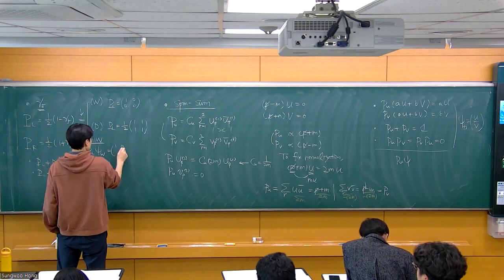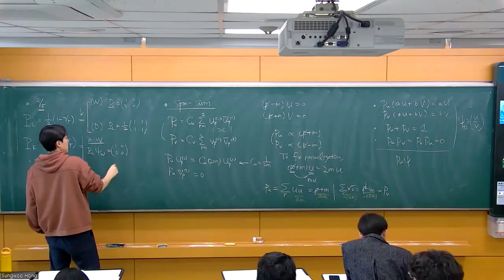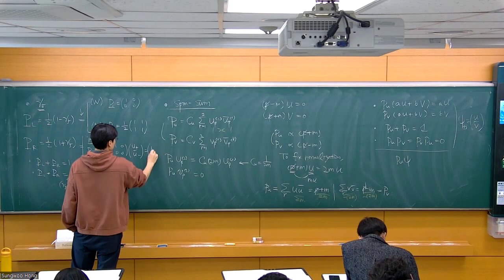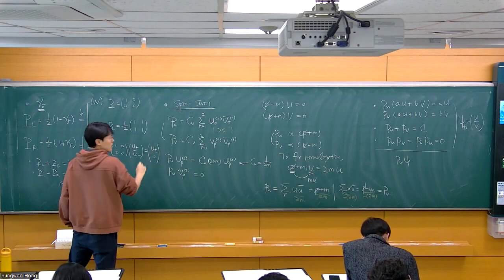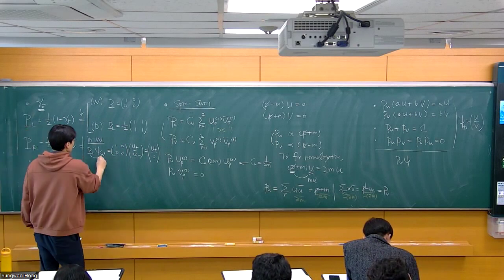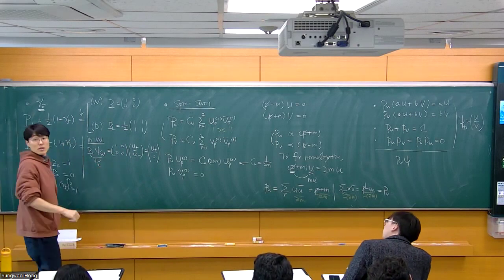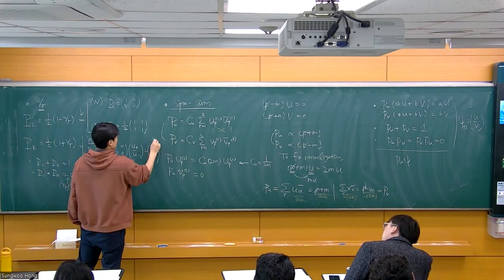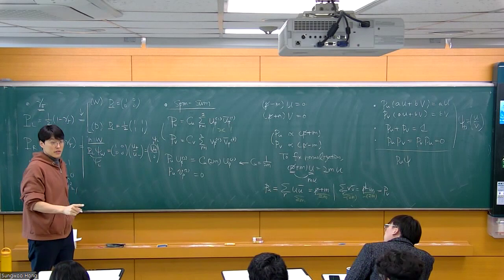a 0, 1, 0, 0, 0, and then the four-component spinor is only U plus, U minus. And obviously this only gives me this. Note that sometimes people write this as psi over L. Sometimes people also write this as psi over L, but there's a crucial difference.